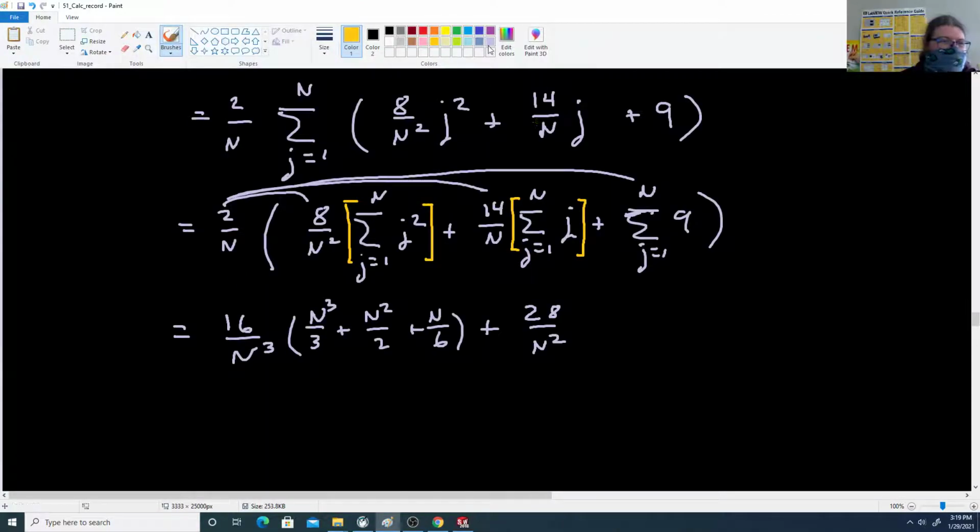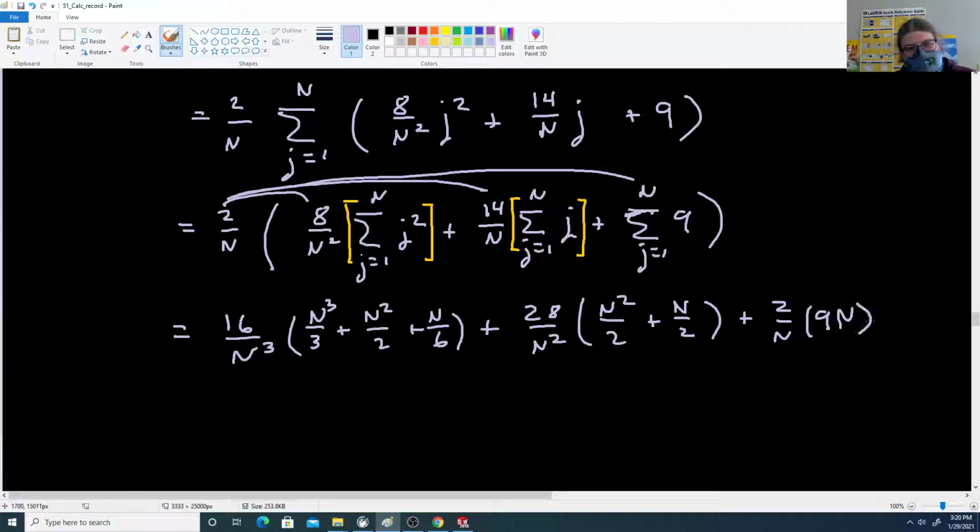So we're going to use n squared over 2 plus n over 2 for that one. And then we get plus 2 over n. And then this right here, this is 9. And you have the sum of 9 from j equals 1 up to n, which is going to be 9 plus 9 plus 9 plus 9, n times. So this will be times 9n.